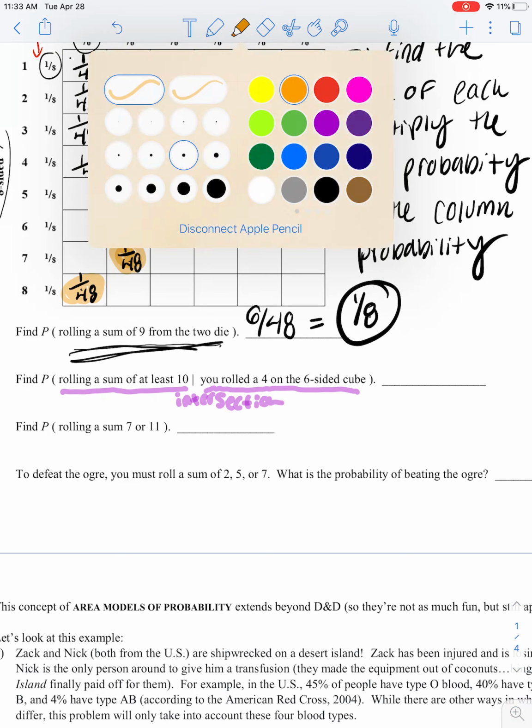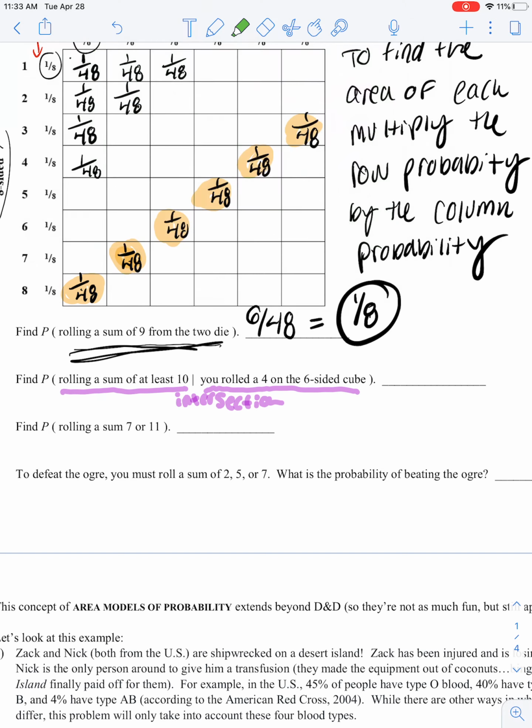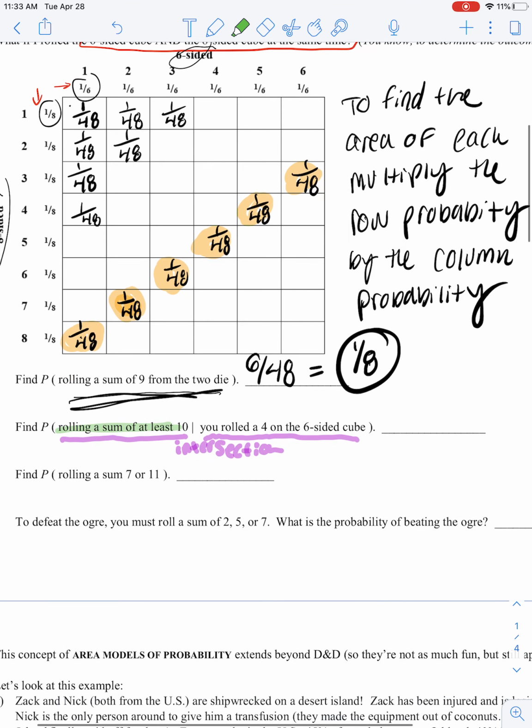I'm going to first highlight, let's do green, the sum of rolling at least 10 on my chart. So the first sum of 10 is right here, 6 plus 4. Sum of at least 10. Second one would be 7 plus 4. 8 plus 4. Anything on this side of the diagram.